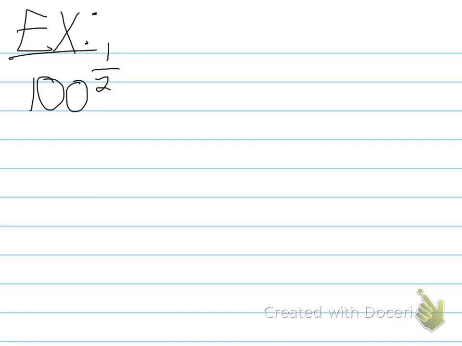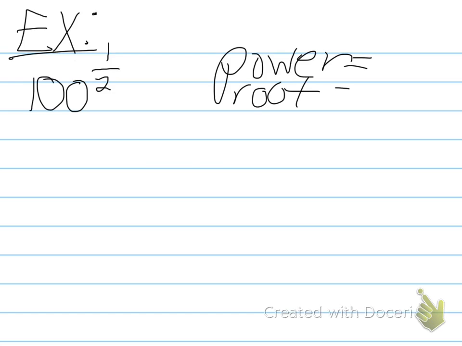All right, one last example just for good measure. Once again, let's identify our power and our root. The power, that top number, is going to be 1. And our root, this bottom number, as always, is going to be 2, yet again. Now let's convert it into square root form.